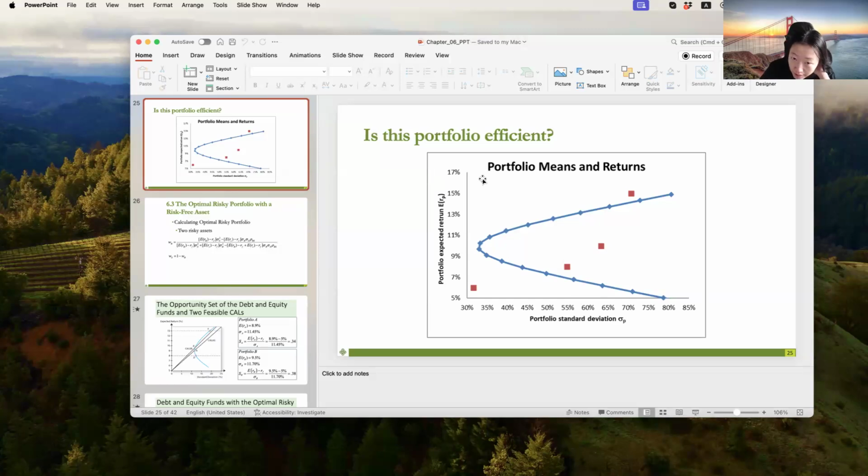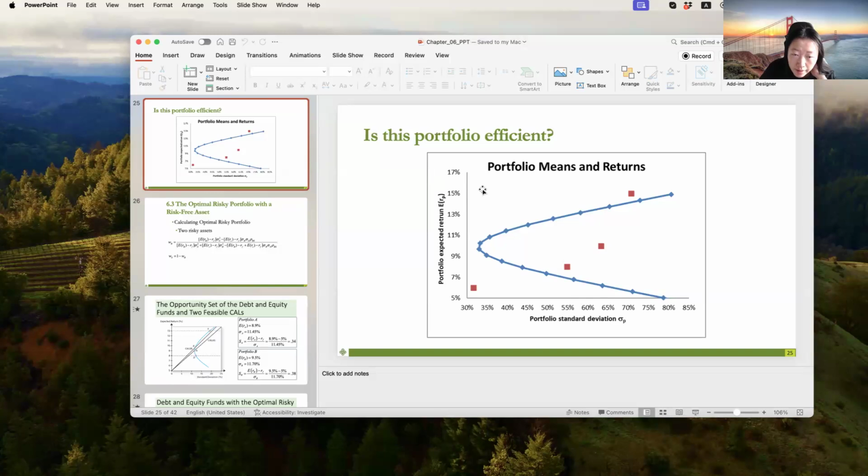So what are the better portfolios on this graph? Those are the portfolios on the northwest, so the upper left side. And of course, that's what we want. We want the portfolio to be as upper left as possible.